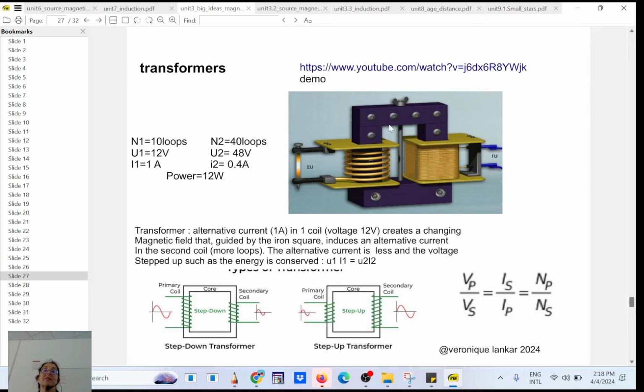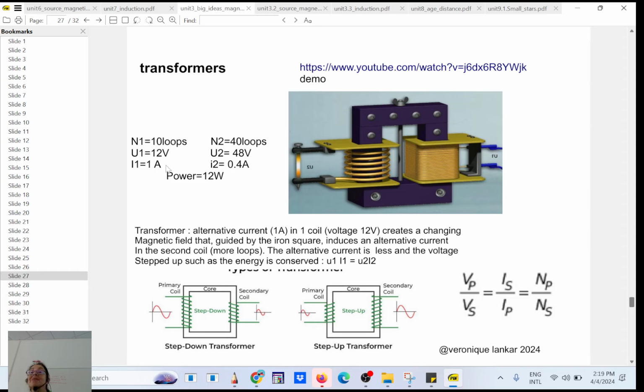As long as it's changing, you're going to induce a voltage here. If the number of loops is multiplied by 4, that's going to be a step up voltage. So if you start here with a voltage of 12 volts, what's going to be the voltage here? You multiply by 4, it's going to be 48 volts, right? But there is no free lunch.